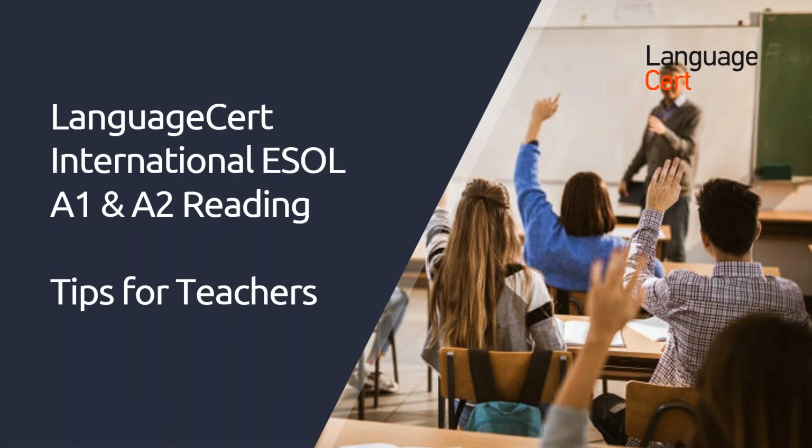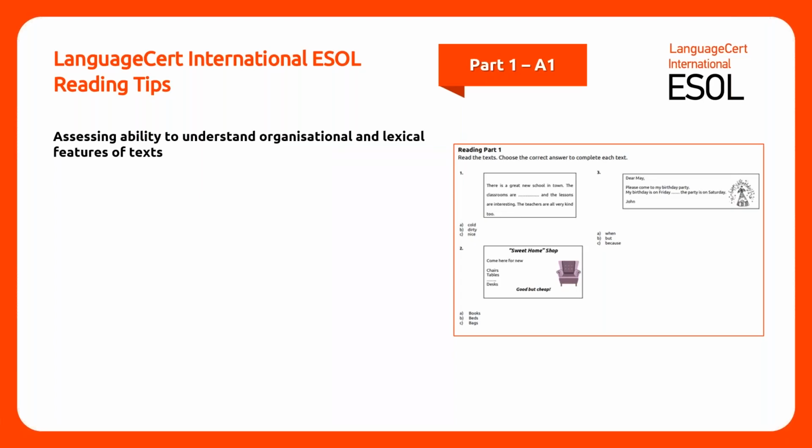And here are a few useful tips for teachers that should help prepare candidates for their A1 and A2 level reading exams. Part 1 at A1 level, assessing ability to understand organizational and lexical features of text.